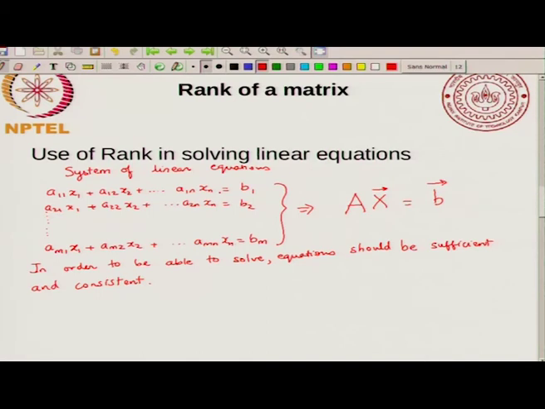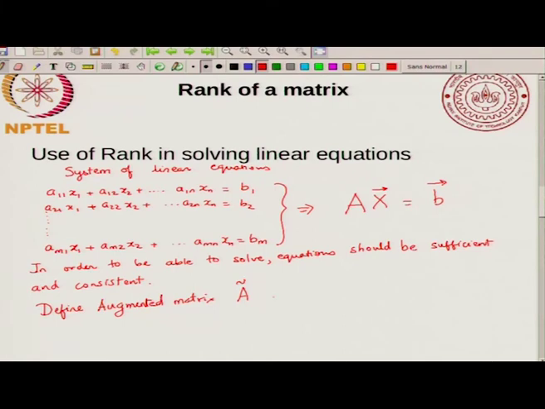So now we can express this in a very nice form using the rank of a matrix. This condition can be expressed in a compact way using the rank of a matrix. So we will define an augmented matrix, A tilde.